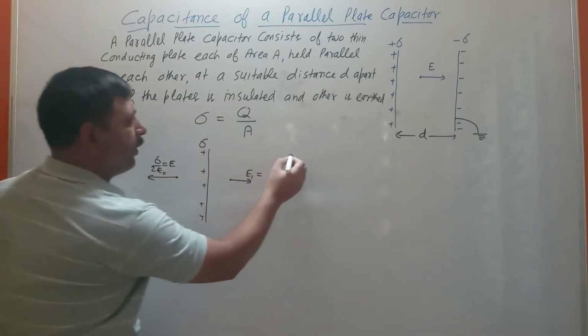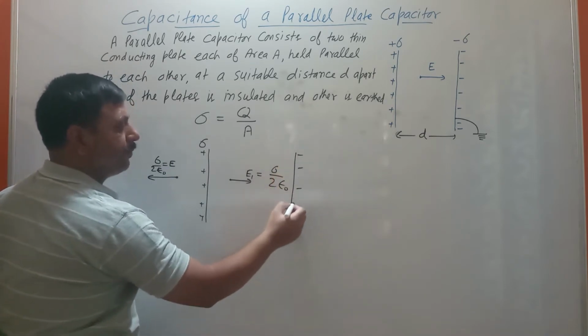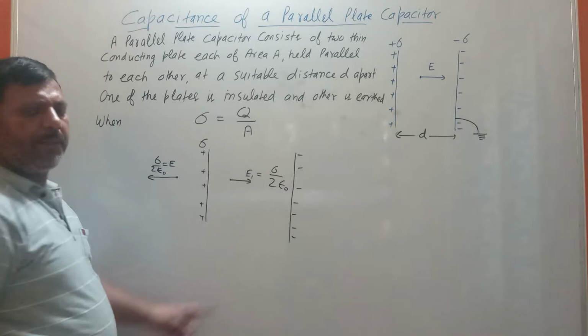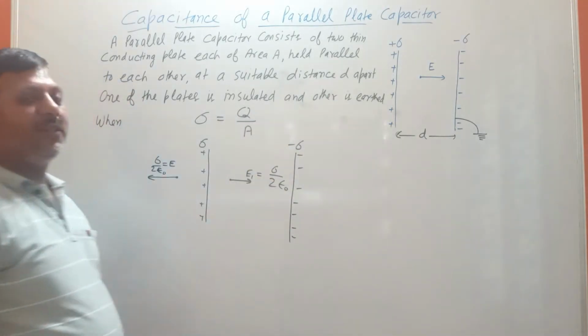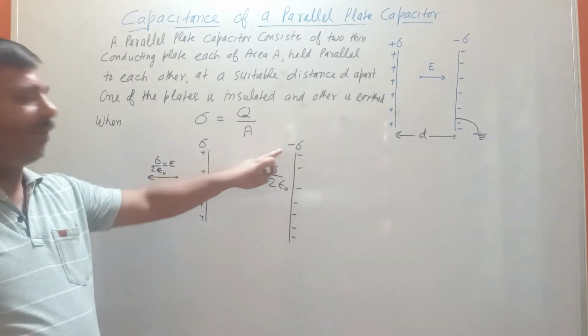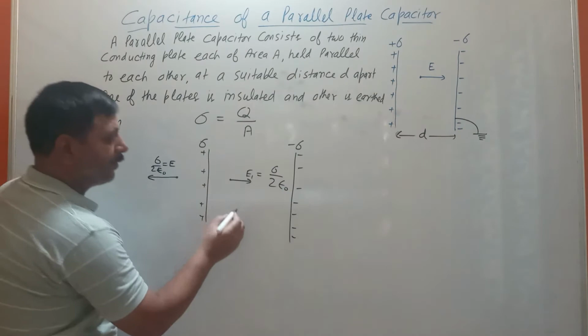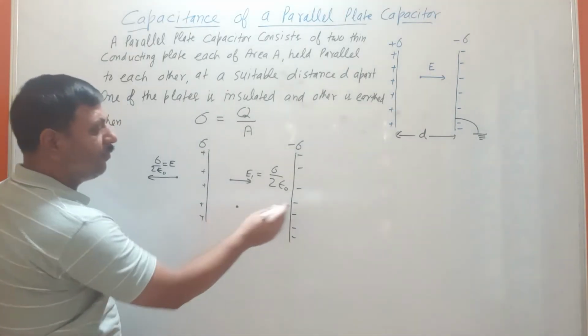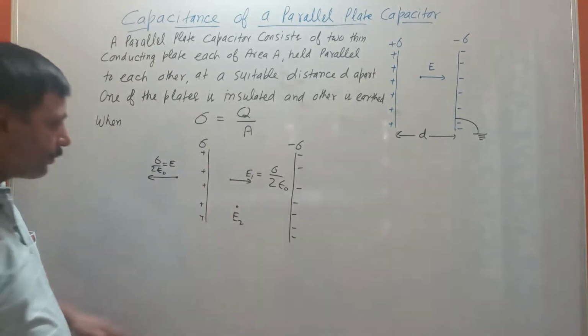Now the second plate, which has charge minus sigma, equal and opposite. What about the electric field intensity due to this? Suppose it is E2.